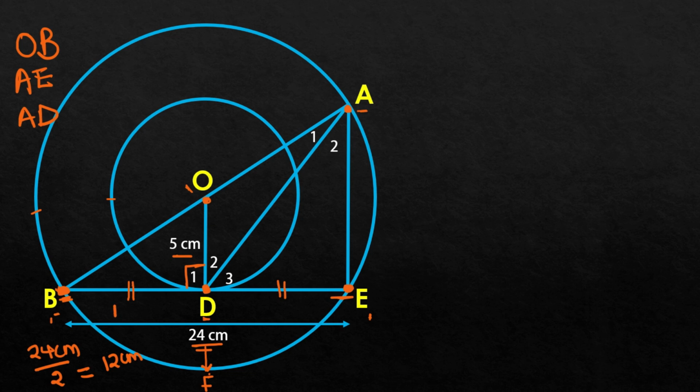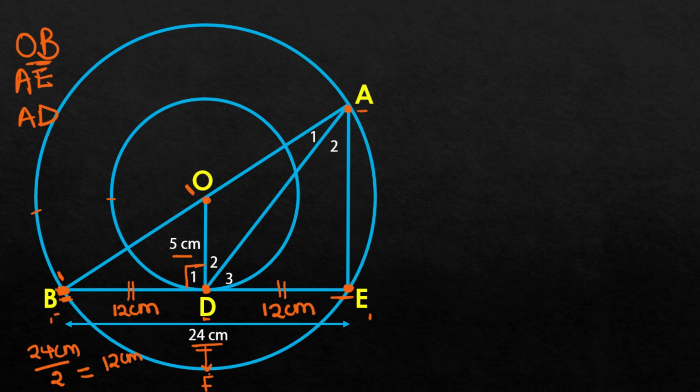So BD will be 12 centimeters, and also DE will be 12 centimeters. From our question, we are told to find the value of OB. That means from this point all the way down here.